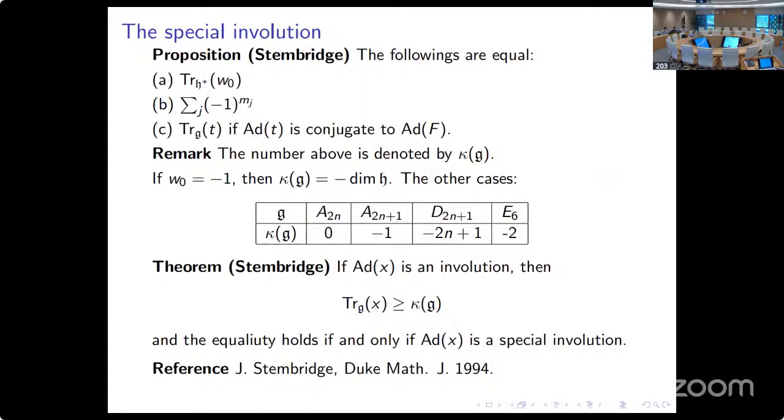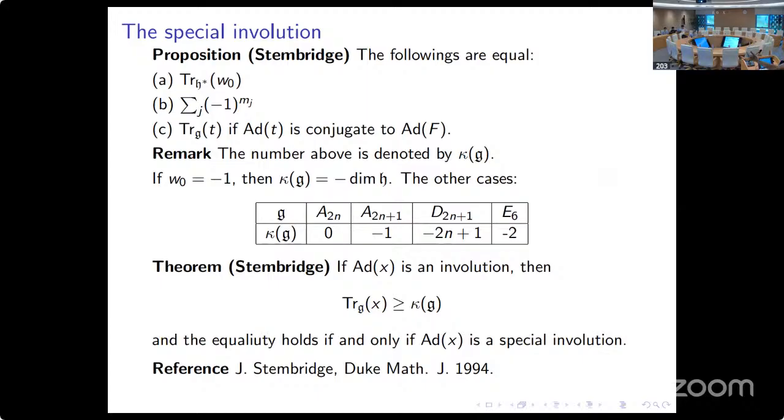But I consider that as an operator in the group. Yeah, so we will get to this. But for the other cases, there is a way to describe this element. There are equivalent conditions: any element T is conjugate to this adjoint representative of F if and only if its values satisfy that condition.